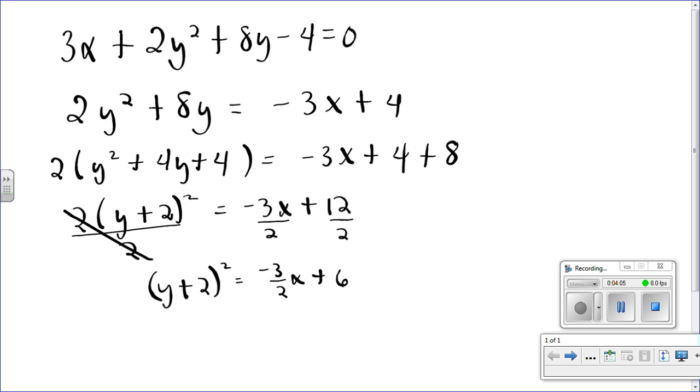Is there anything next to that x? You see, this has 3 halves next to the x. This has nothing next to the x, right? So what I'm going to have to do is factor out that negative 3 halves.